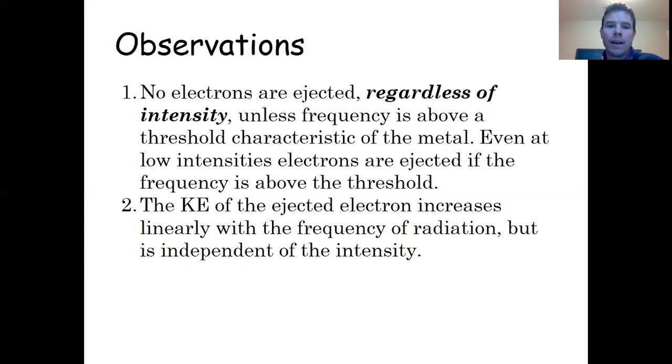And this is more of a fine-tuned point, but the kinetic energy of the ejected electron increases linearly with the frequency of radiation, but it doesn't depend on the intensity. So this is all confusing, and no one could explain this really very well.